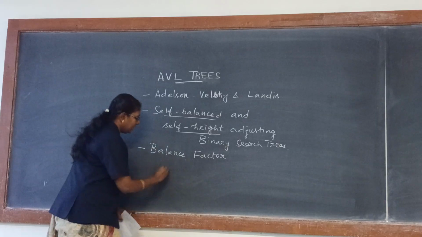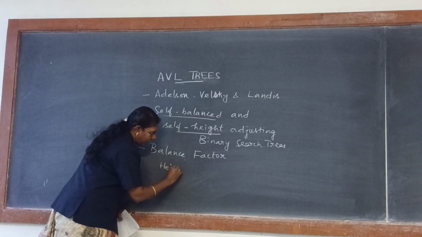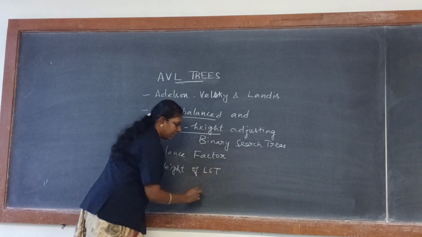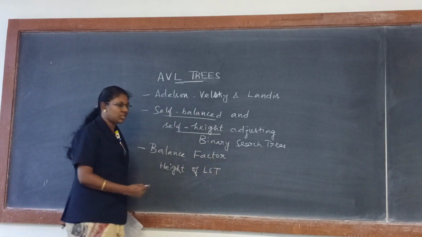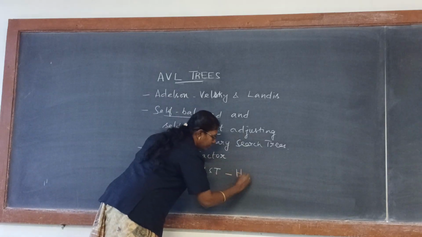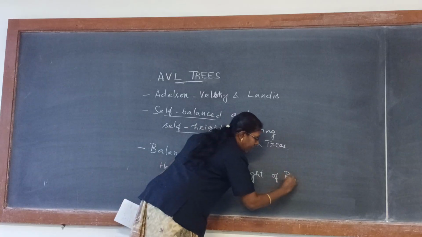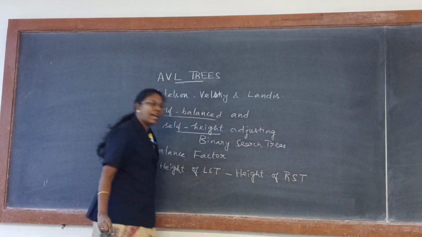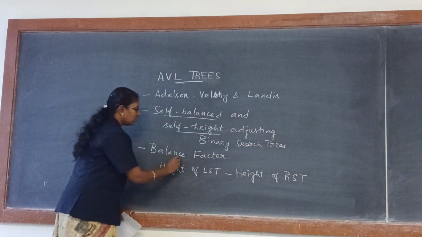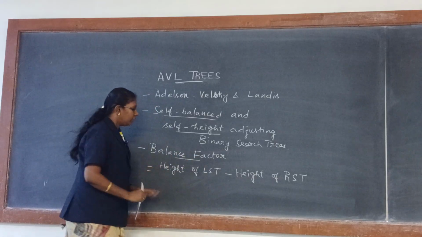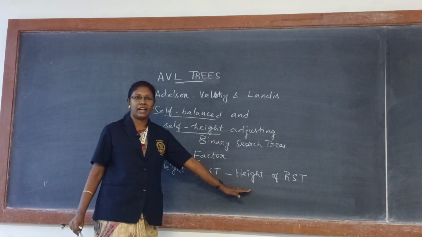That formula is height of left subtree, LST meaning left subtree, minus height of right subtree, RST meaning right subtree. That means the balance factor is calculated using the formula height of left subtree minus height of right subtree.